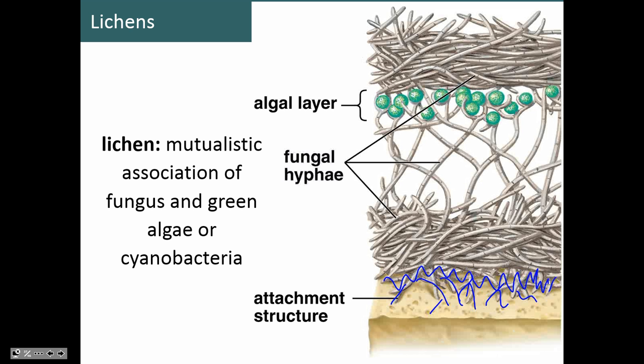And then the hyphae form this interwoven mass with algae or cyanobacteria suspended within the mass. And so the bulk of the lichen is actually hyphae. The majority of the lichen is fungal body, vegetative fungal body. But then we also have these algae or cyanobacteria cells that are embedded within that hyphae.